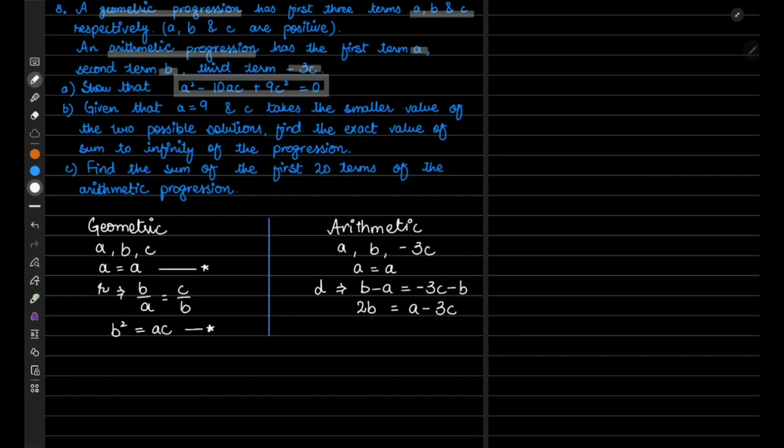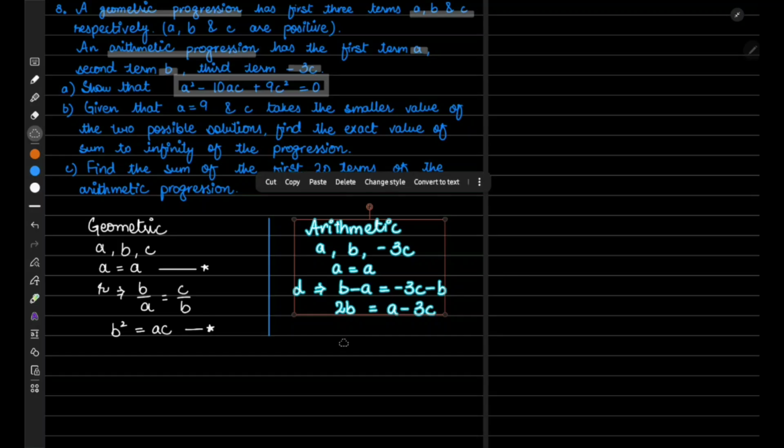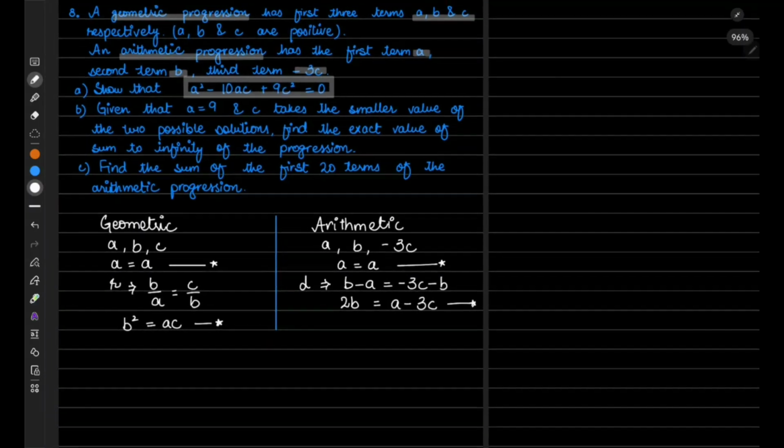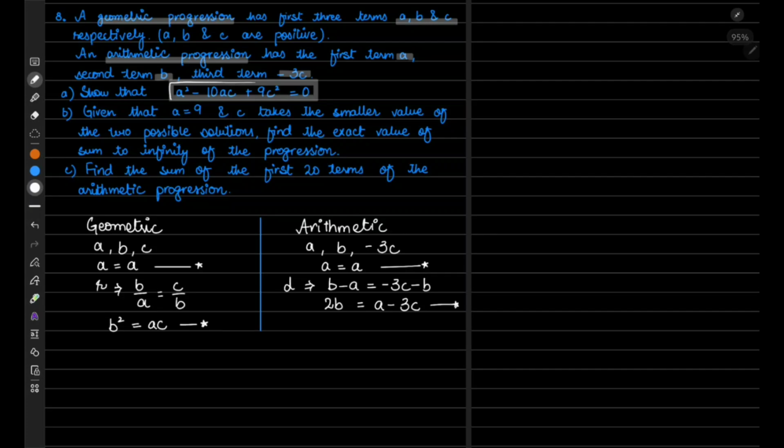So we end up getting two relations in A, B and C. If you could see, this is independent of B. That means what you can do is to substitute or equate B from one to the other.